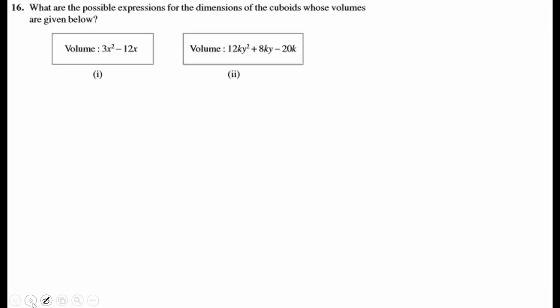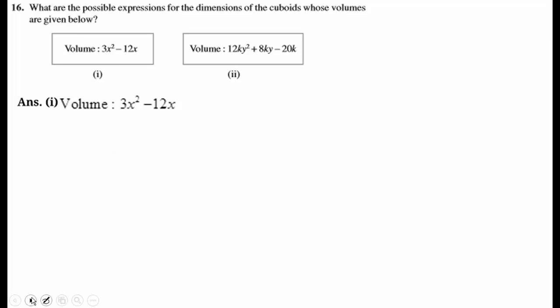Now, what are the possible expressions for the dimensions of cuboids whose volumes are given? The volume of a cuboid is length into breadth into height, which means here we will have three factors. So, first volume equals this, and here 3x is common.